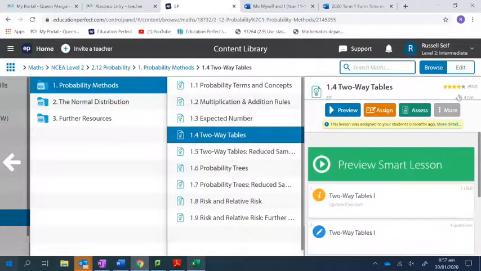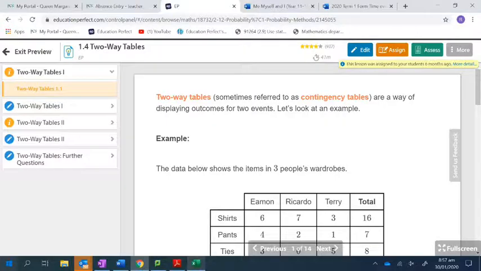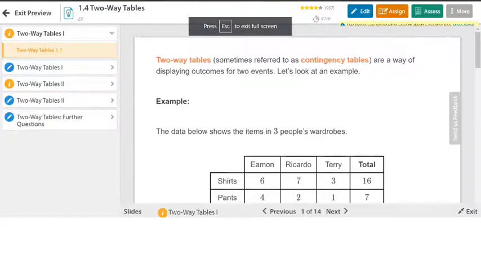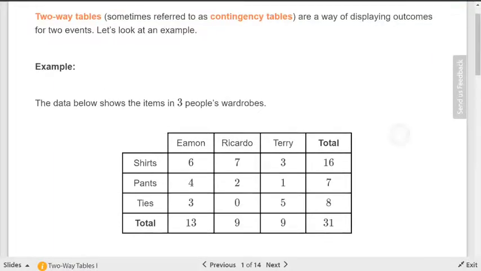So let's move in to two-way tables now. Two-way tables are going to be a really important part of our exploration in probability. And two-way tables are simply a way of displaying all of the things that possibly will happen. Okay? Two-way tells you that you're going to have a row at the top, and a column on the side, and the intersection of those will be where the data goes.